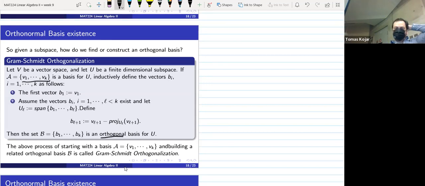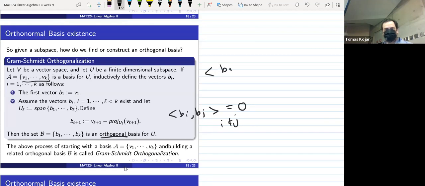So first you find orthogonal, which just means bi j is 0. And you make it orthonormal by just dividing by the norm. Okay. And this was just one.